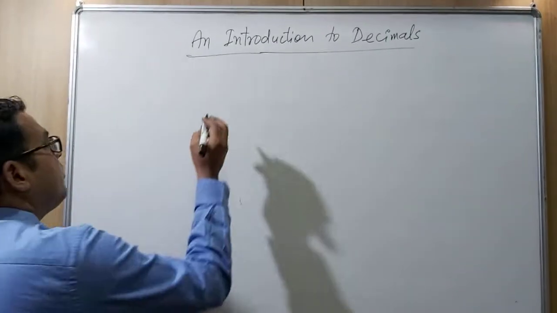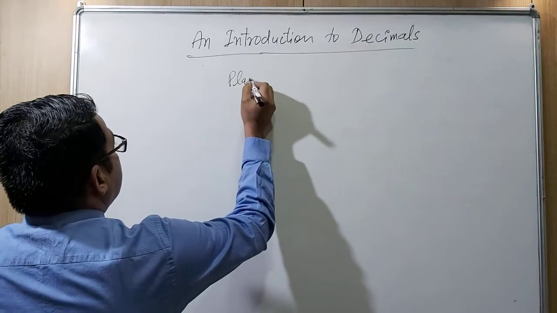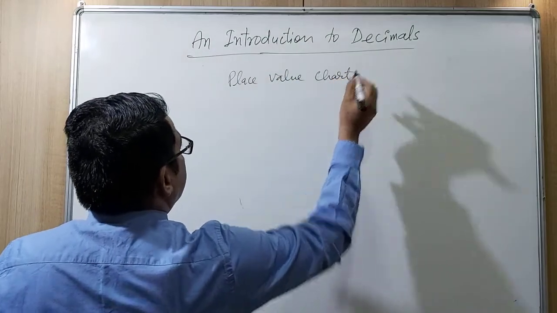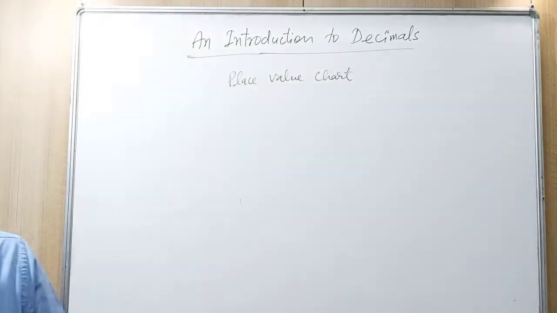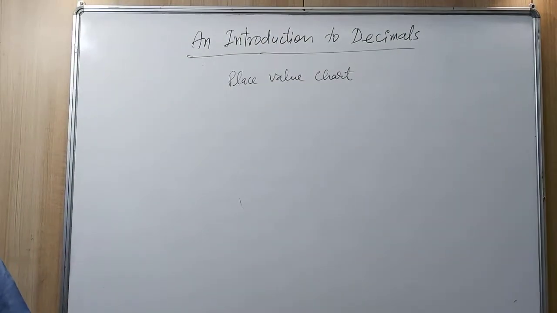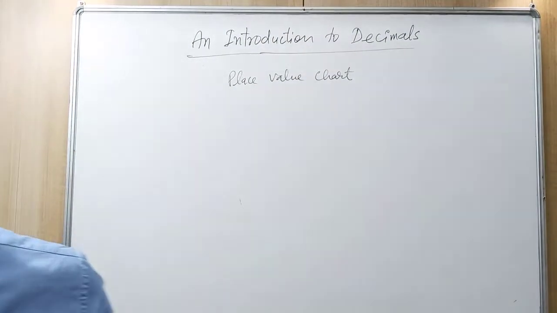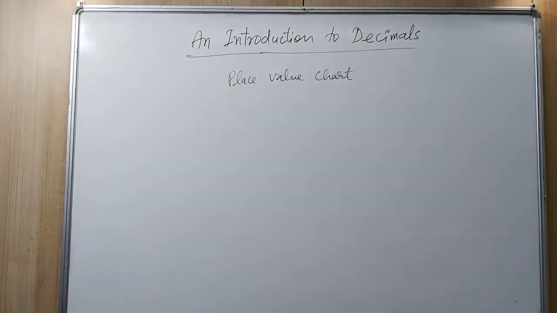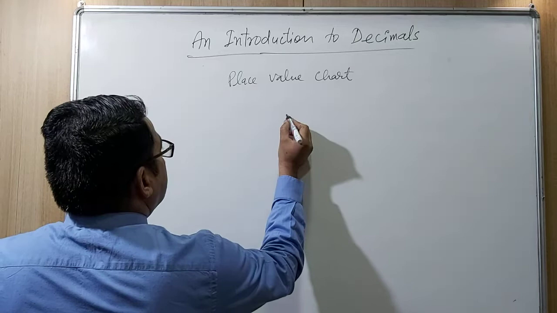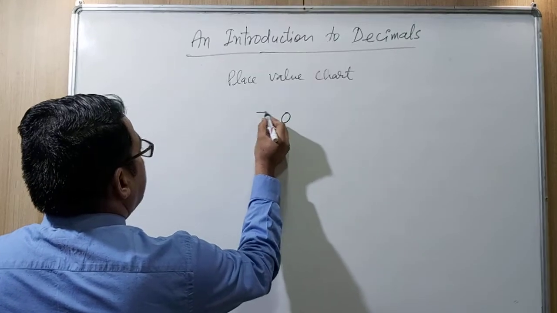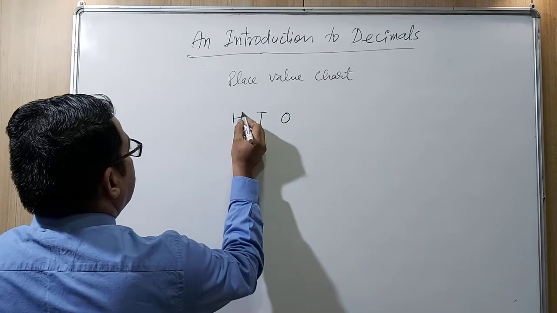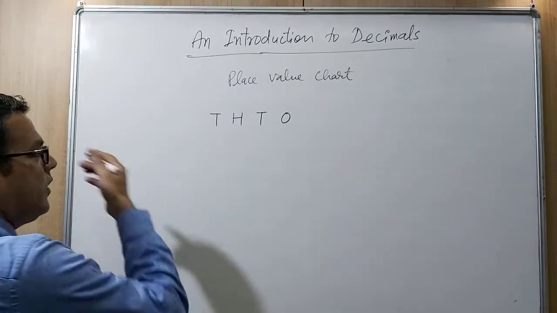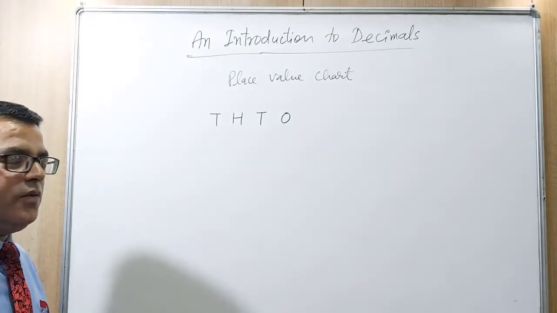So first we'll talk about the place value chart. In my previous video also you learned what a place value chart is. Ones, then tens, then hundreds, then thousands, then 10,000, lakh you can write.